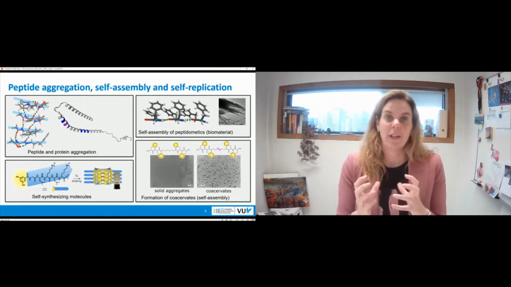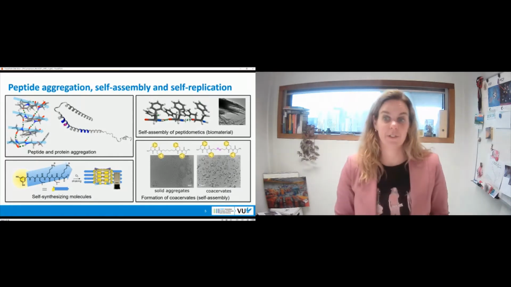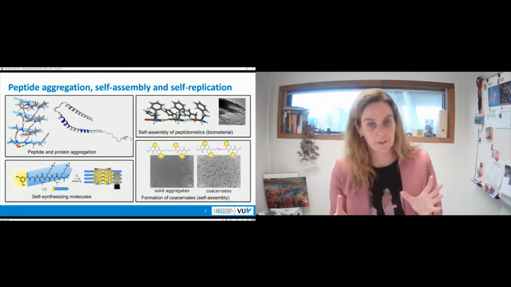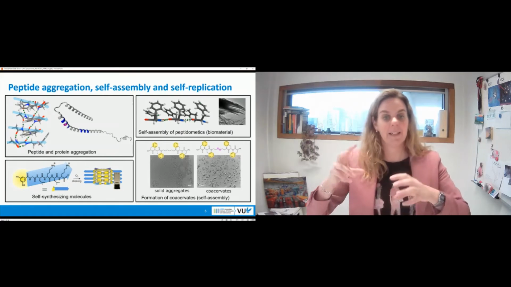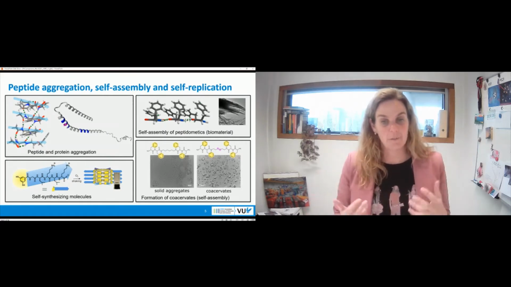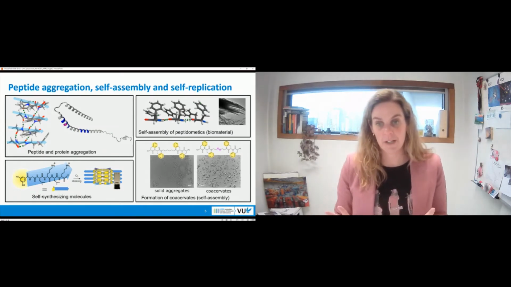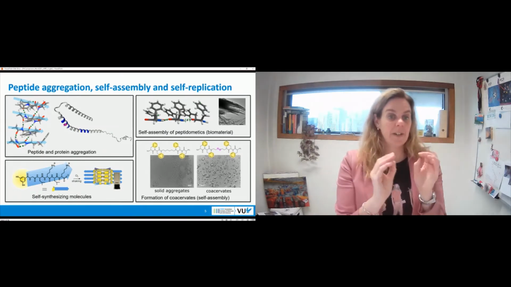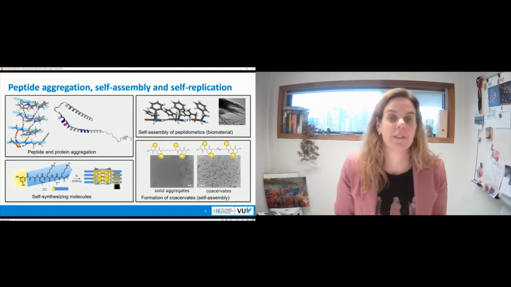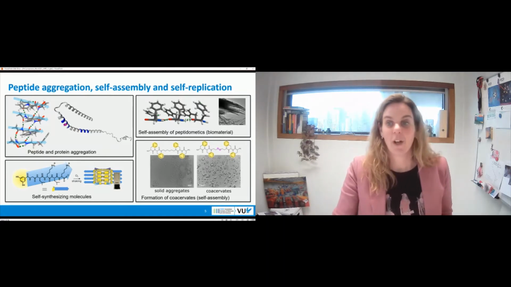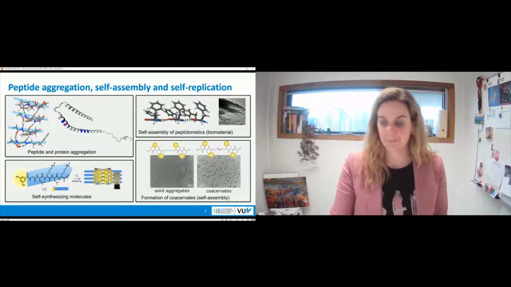So meaning that you can, for example, build artificial cells. They are self-synthesizing molecules, so when you bring them together, they rapidly form a macromolecular structure by themselves. So this whole process that we are talking about, we focus mainly on the neurodegenerative diseases, but the knowledge is transferred to other organic chemistry disciplines as well.